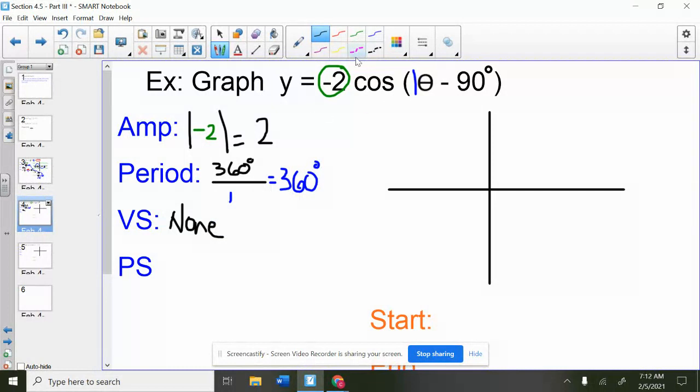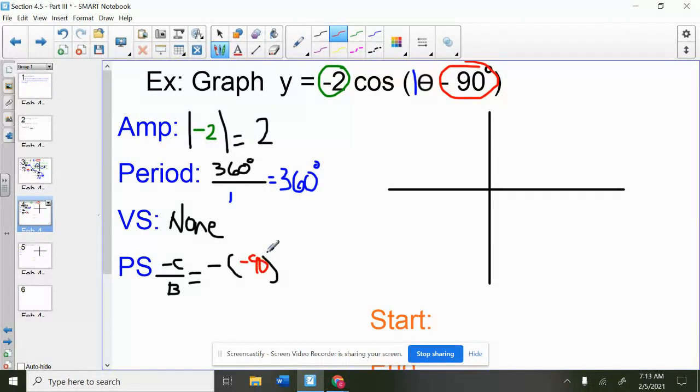Phase shift. I do have phase shift because of this, and just a reminder, that was negative C over B. So some people say, I put a negative and then put whatever the value is. So in this case, I have this negative 90 here, so I'm doing the opposite of a negative 90.